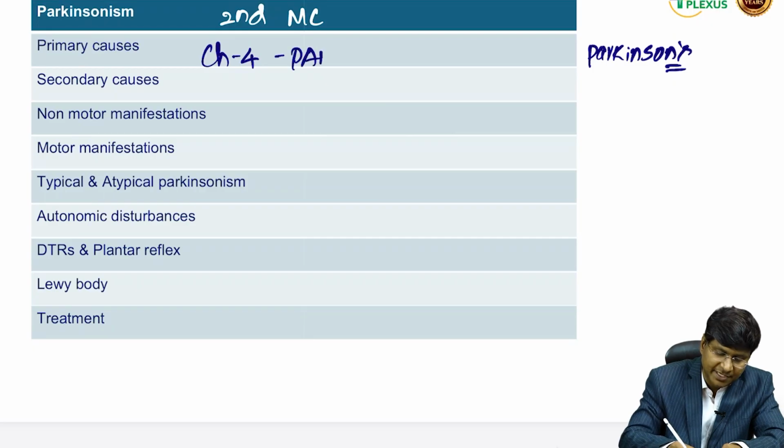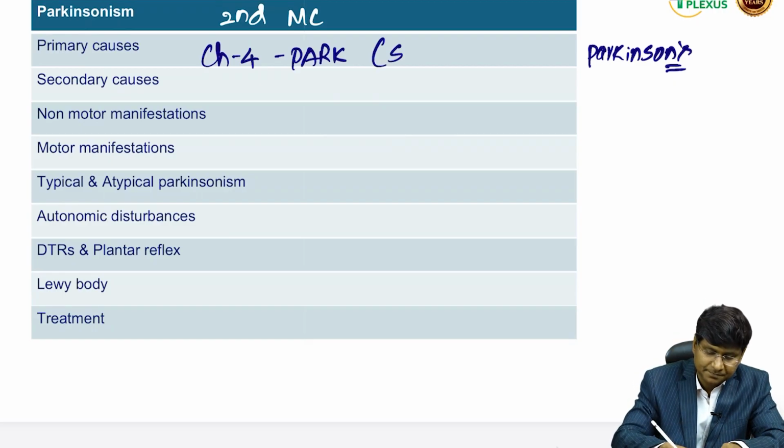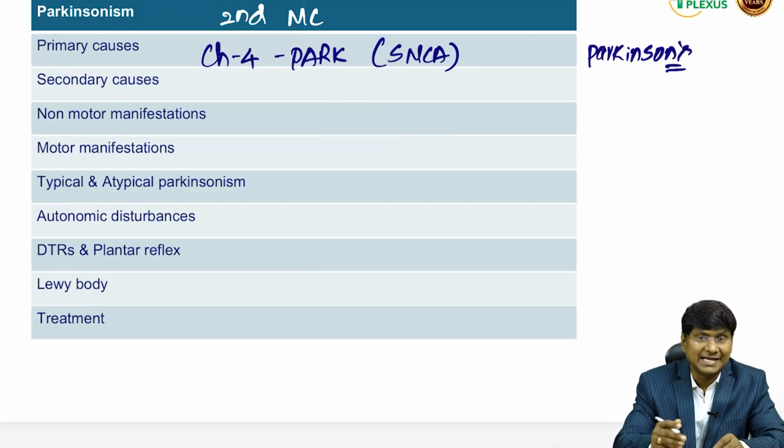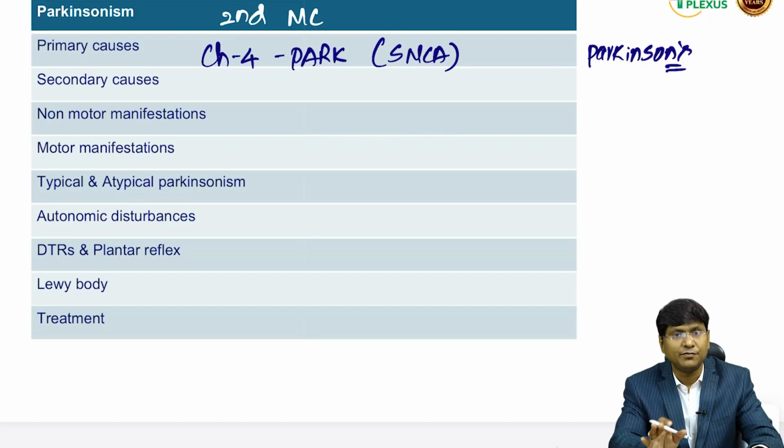And what is the gene that is being mutated? It is the PARK gene that is being mutated, and this particular gene is also known as the SNCA gene, which is the alpha-synuclein gene, present on chromosome number 4.